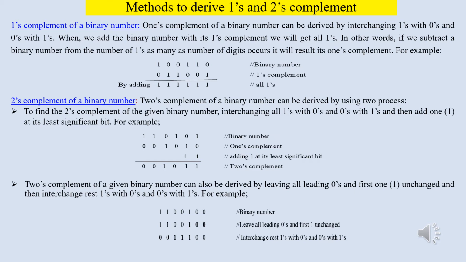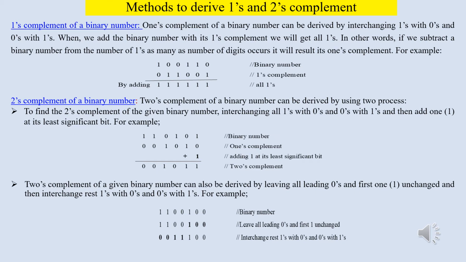For example, let the binary number be 110101. By replacing 1 with 0 and 0 with 1, we get 001010. And finally, we add 1 at its least significant bit. That becomes 001011. That is the two's complement of the given binary number.